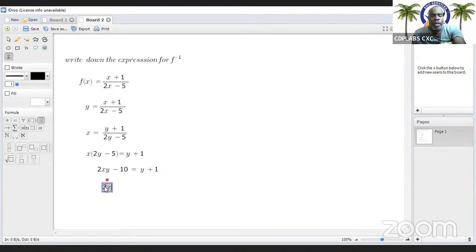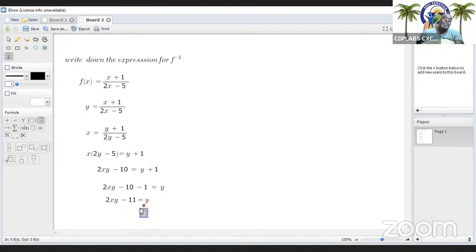So it'll be 2xy minus 10 minus 1 equal y. You will end up with 2xy minus 11, because minus 10 and minus 1 give you minus 11, equal y.